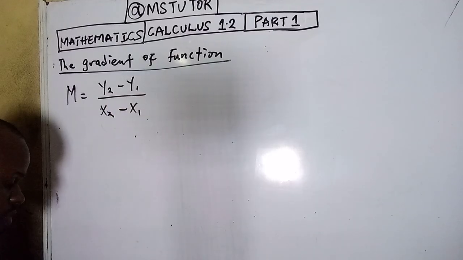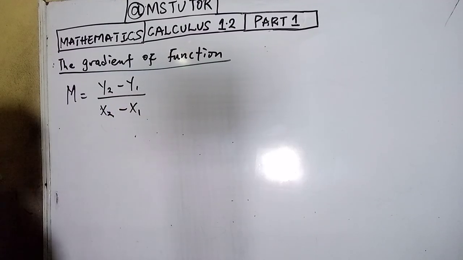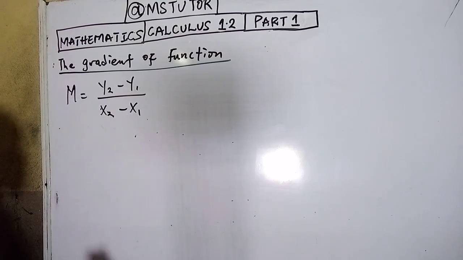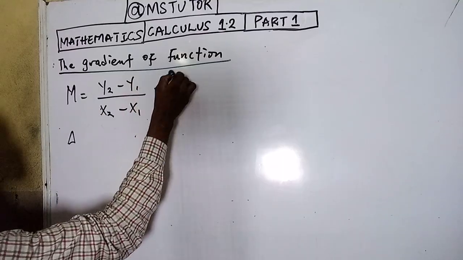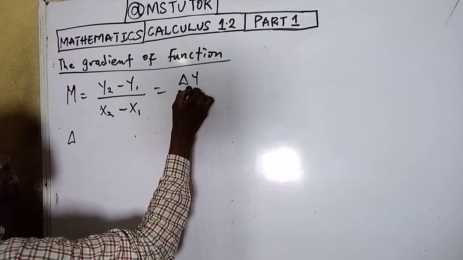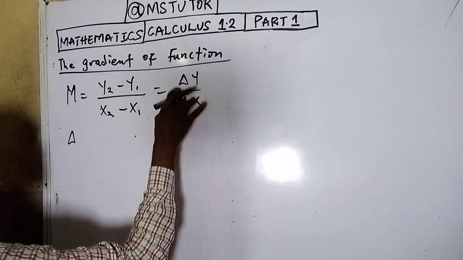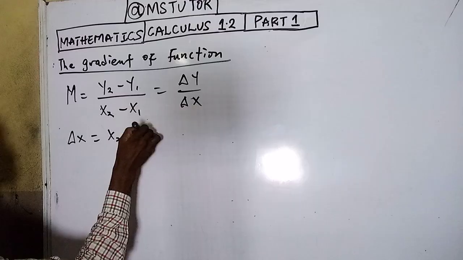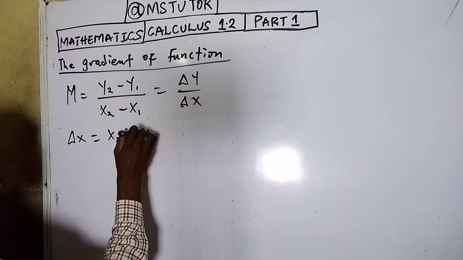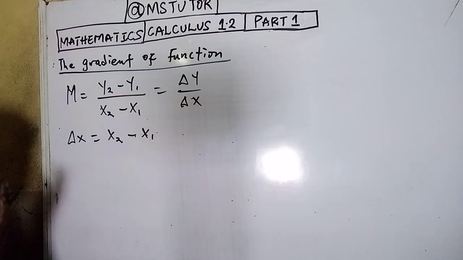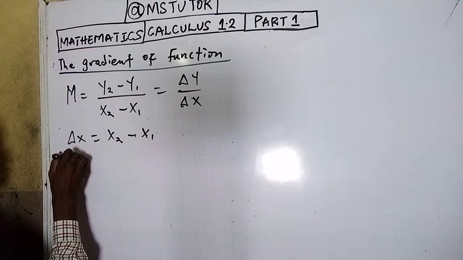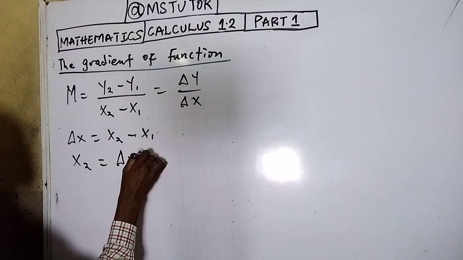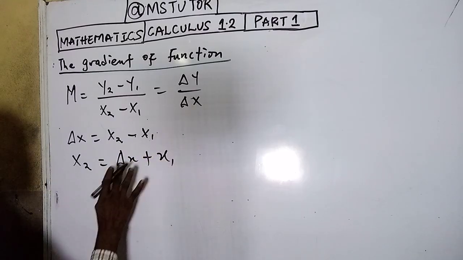So in this aspect now, the moment we have change in y or change in x, what is one representing? Let's say we have change in x to be x2 minus x1. So obviously from this expression, it implies that we can say that our x2 equals change in x plus x1.